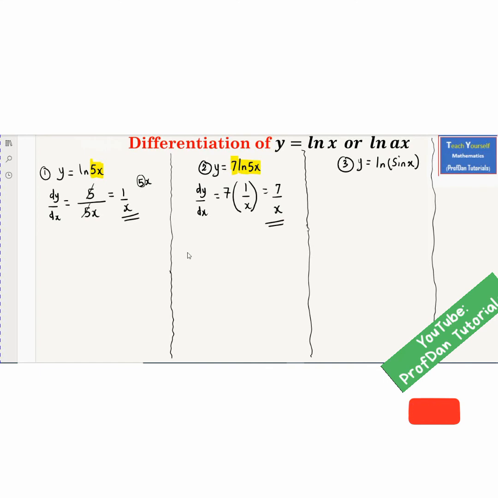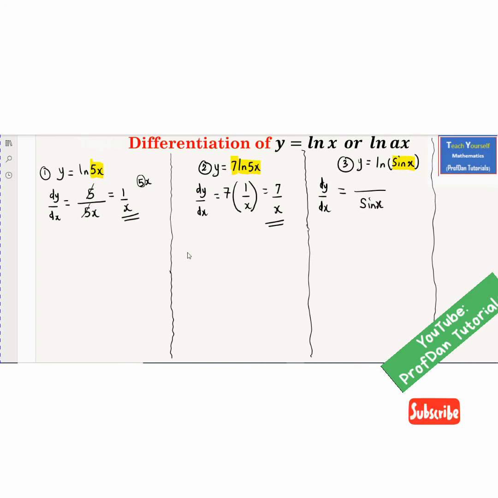And lastly, let's look at this. The same procedure. All you need to do is identify the function: ln of sine x. So my differentiation of y with respect to x is going to be, I have in the denominator that function, which is sine x, and in the numerator the differentiation of sine x.